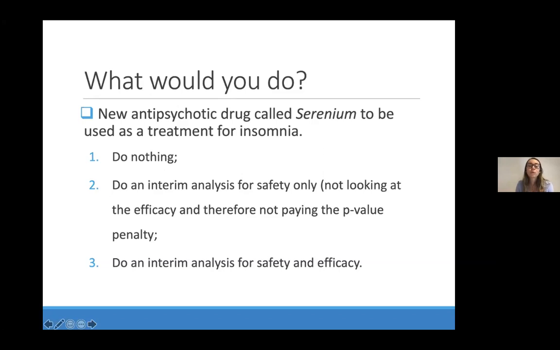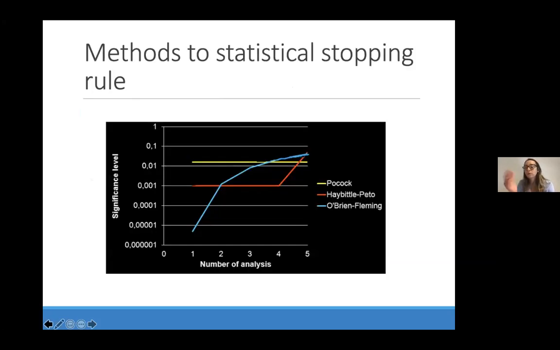Okay, so you would do safety and efficacy. Okay, that's very nice. Which one of the alpha spending functions would you choose?